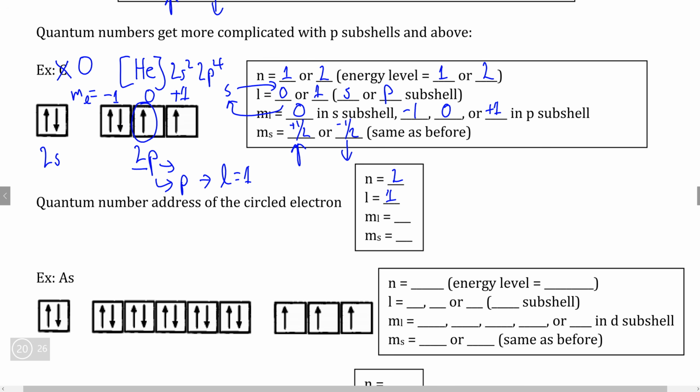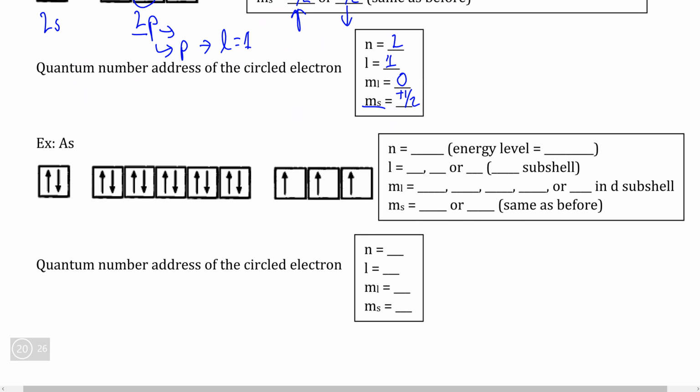We know that this electron is in the second orbital of the p subshell, and because we write the magnetic quantum numbers in numerical order, counting upward, we know that this orbital has a number 0. When we look at the spin direction, we see that it is pointing up, which means that its spin number is +1/2.